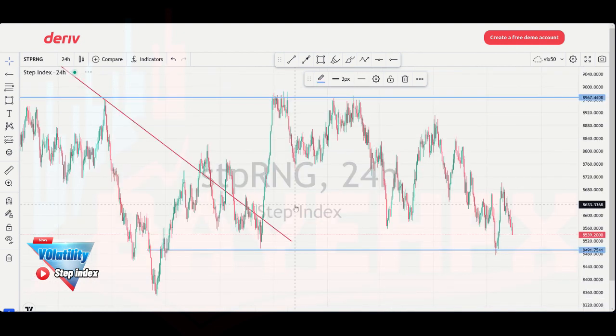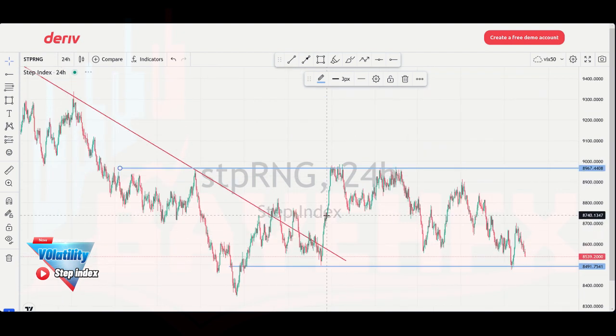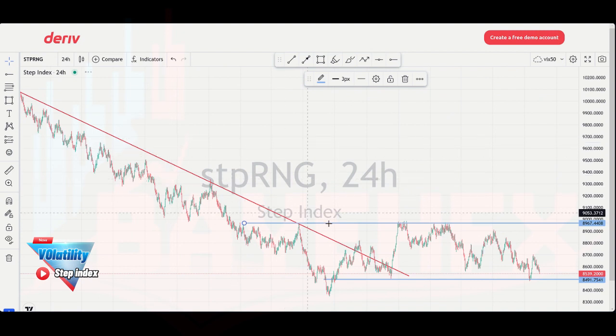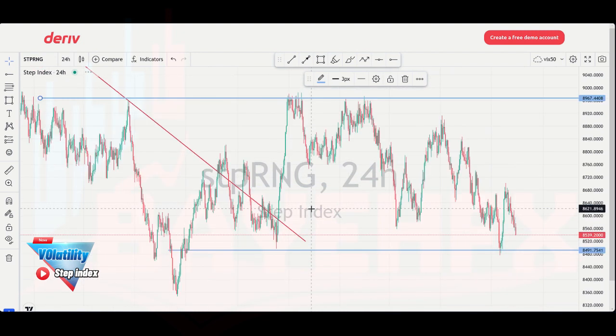Okay guys, this is step index, and as you can see on step index, we were previously on a downtrend, and then we broke out here on this particular pair, step index, right? Step index is also volatile, just like volatility index 75, right?